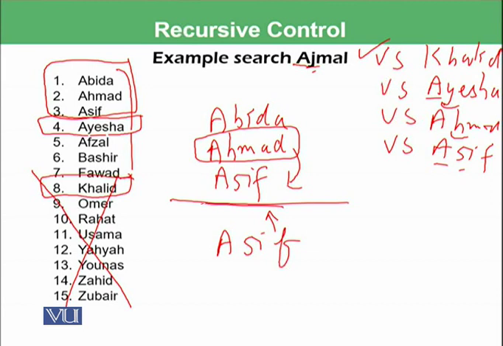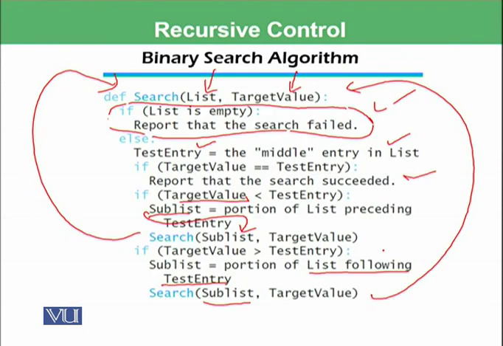So this empty list will be selected, and this empty list will be passed on to the search function again. And when the search function finds this empty list, the first statement says if list is empty, yes, now the list is empty, then report that the search failed. This means we did not find anything.